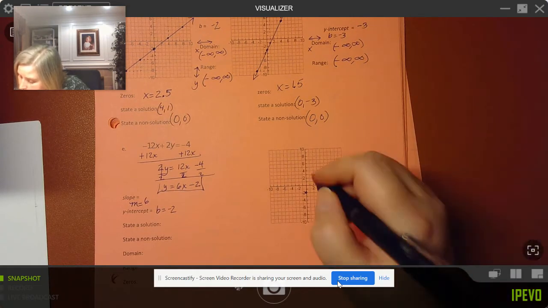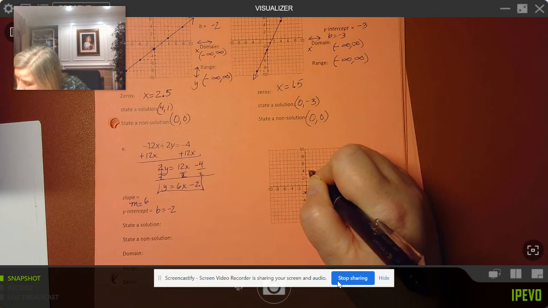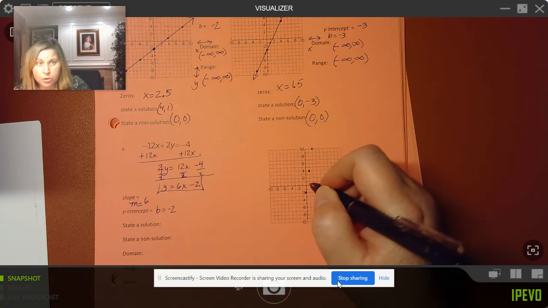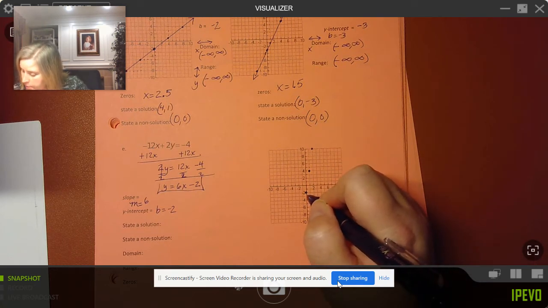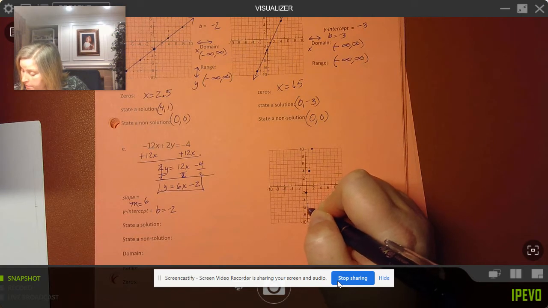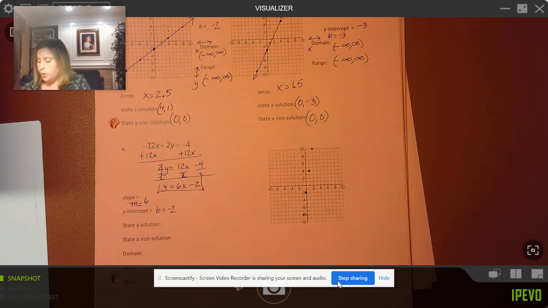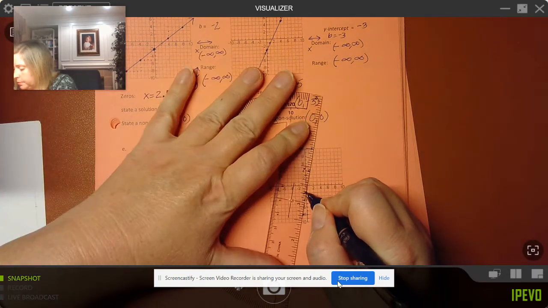Our slope is +6, so make sure that as you go left to right, it's going uphill or increasing. And then I also went down 6 and left 1 just to have another point. And graph the line.